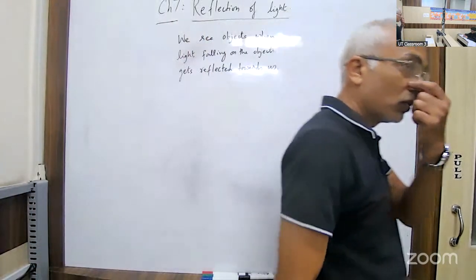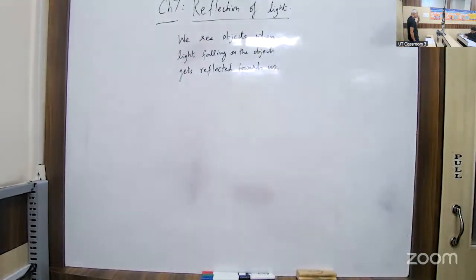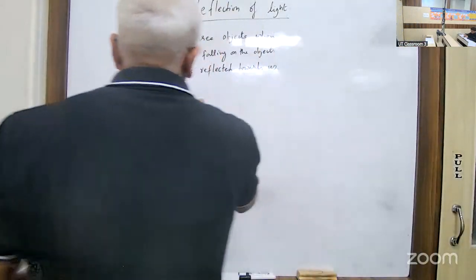So we see objects only when the light falls on the object and gets reflected towards us. So let us understand what is reflection.